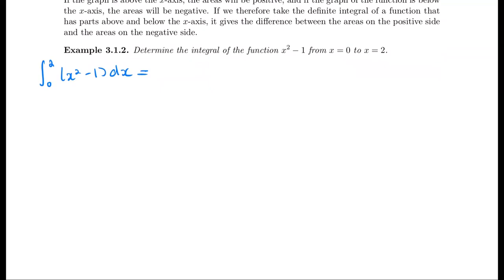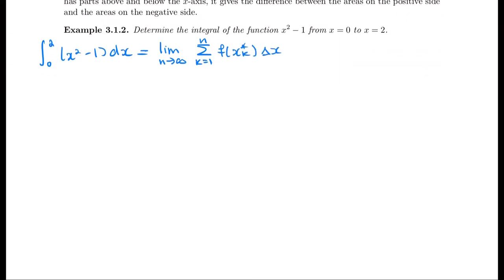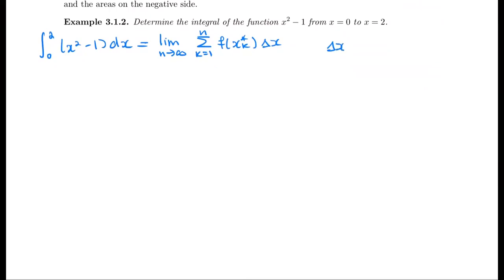and we're actually going to be calculating using the regular way, which is the limit as n approaches infinity of the series from k equals 1 to n of f of x k star multiplied by delta x, where delta x here is just going to be 2 over n, and the x k star coordinate is just going to be 0 plus k times (b minus a) divided by n, or 2 over n.